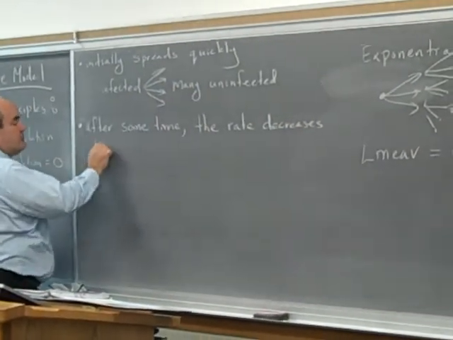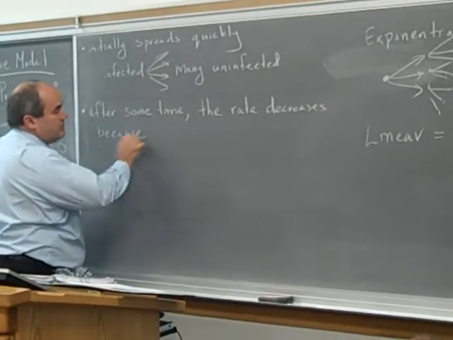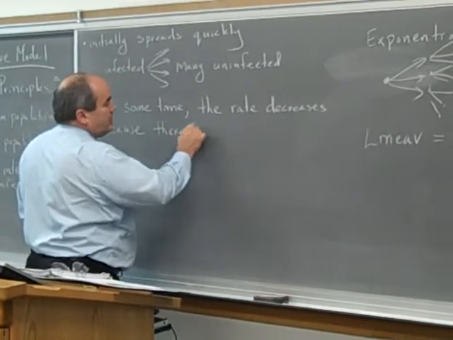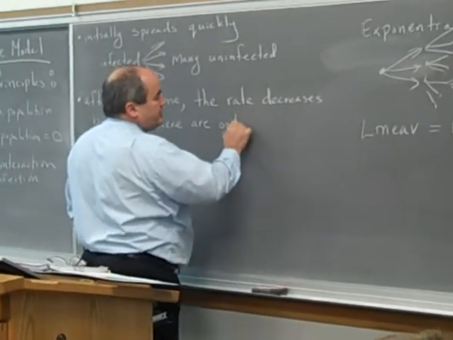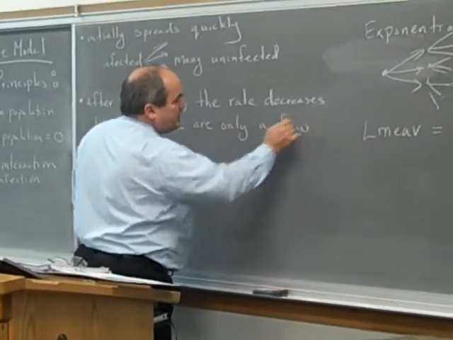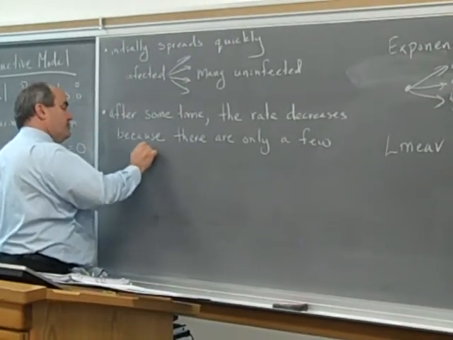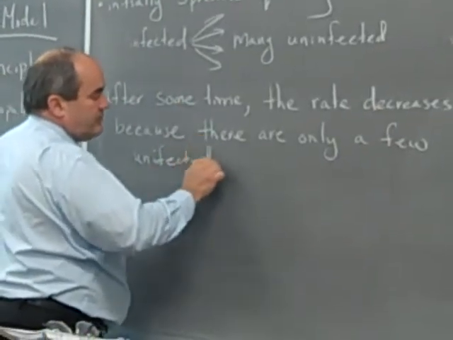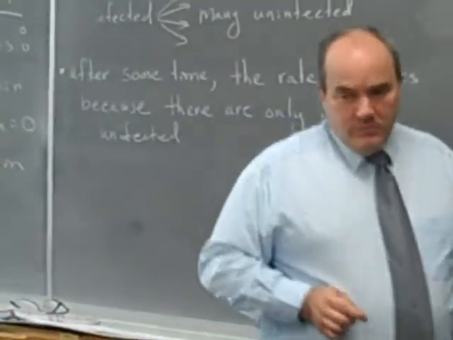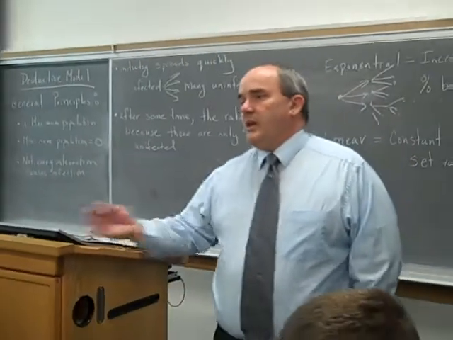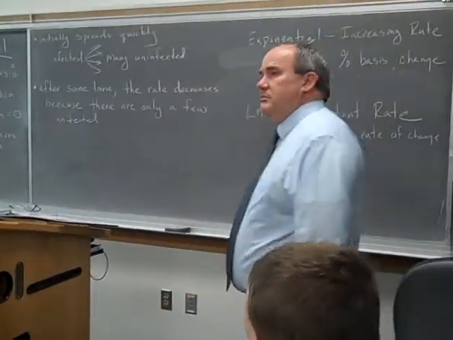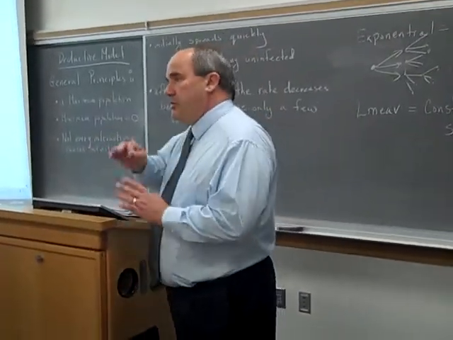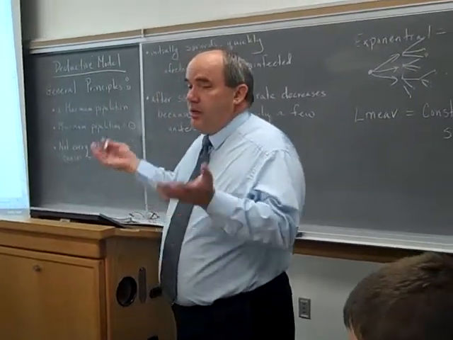Reason being, there are only a few uninfected individuals. If there are only 4 people to pass it to, you can't have 20 people get the flu. And so the number of people getting the flu during a certain period of time will decrease because there are just fewer people to get the flu.